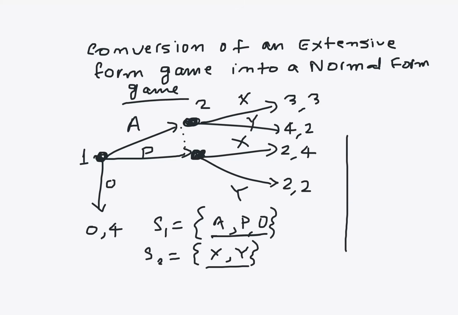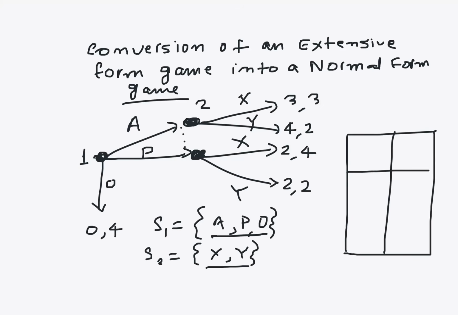So I can do it here. We have 3 rows and 2 columns. So player 1, player 2. X and Y are the strategies for player 2, and A, B, and O are the strategies for player 1.